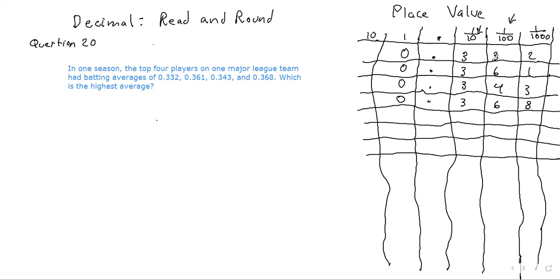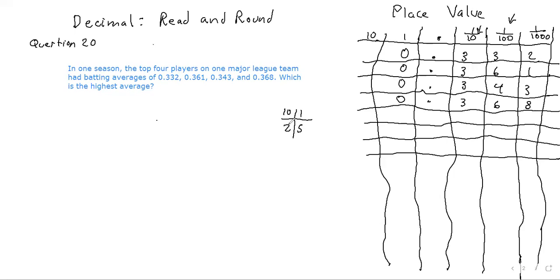And how do we know that? Let's go over a quick example of how the place value system works, and that'll explain it. If I have the number 25, the 2 is in the tens place and the 5 is in the ones place.